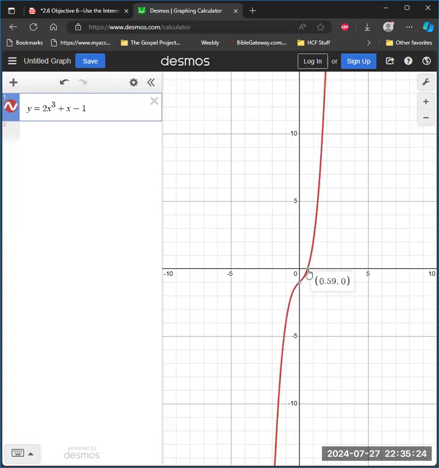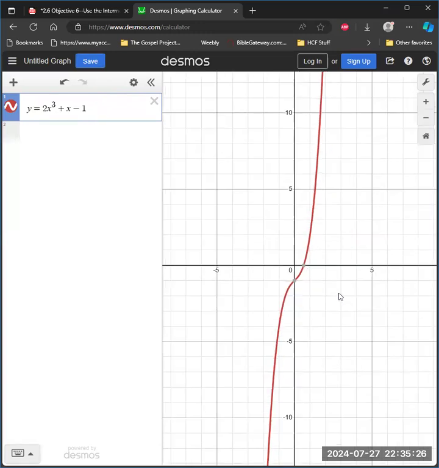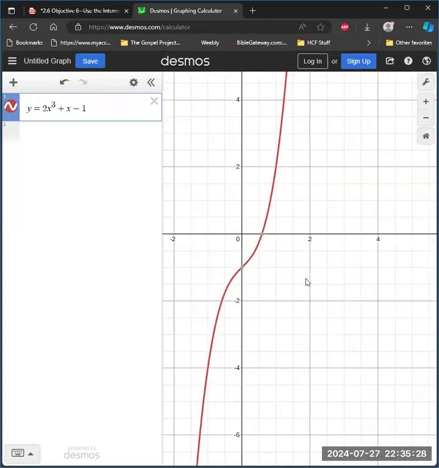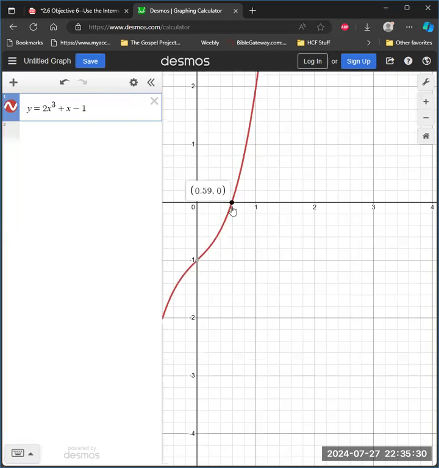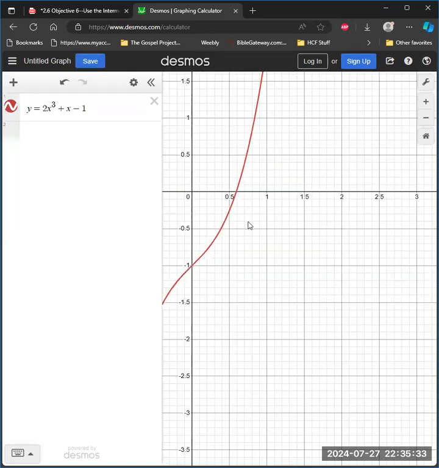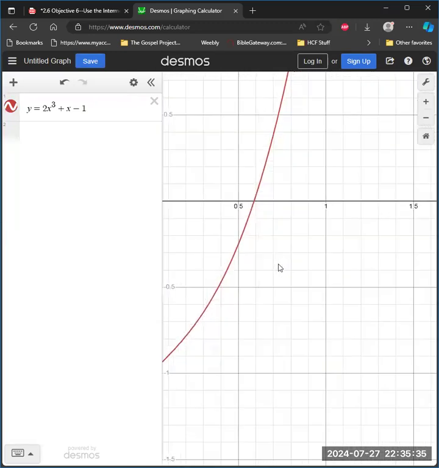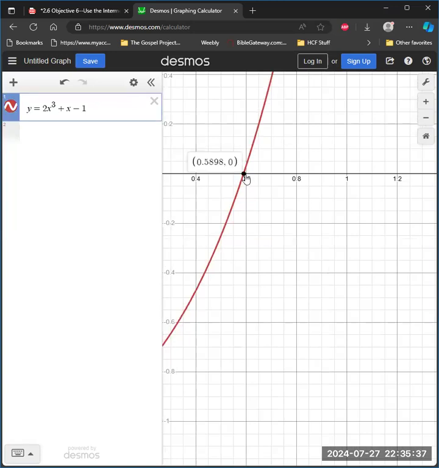And we're going to look for that x-intercept right there. We're going to go to 3 decimal places. Let's zoom in here a little more. It'll start rounding. There we go. So it's about 0.590.